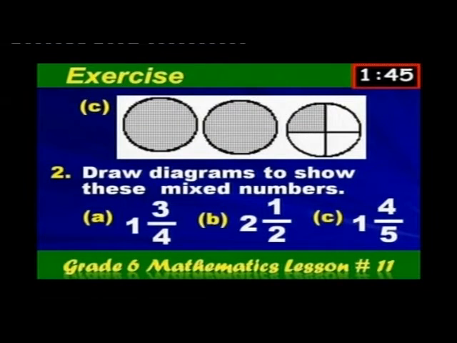For the first one, I just want you to write in the fraction that is being represented by the diagrams. You have the time to draw the diagrams in exercise 2. This one I divided into 4 parts.